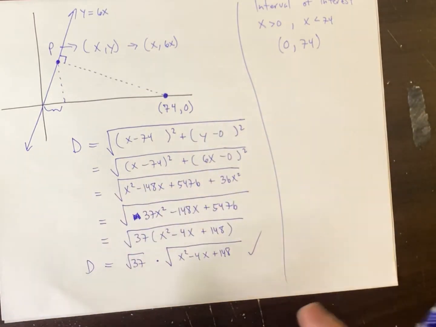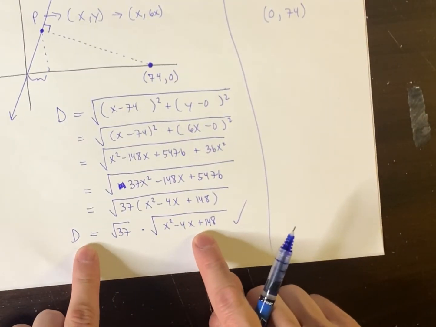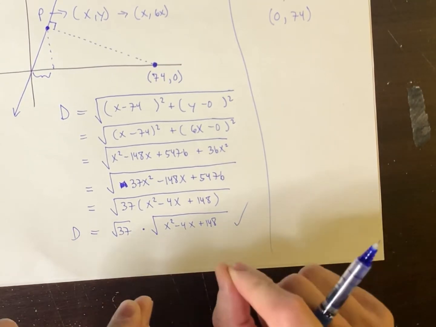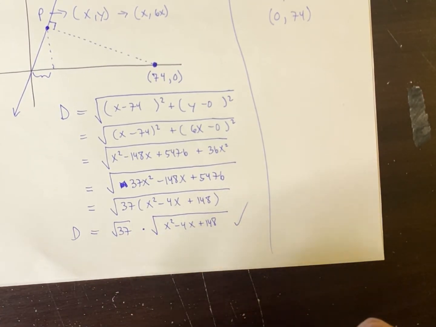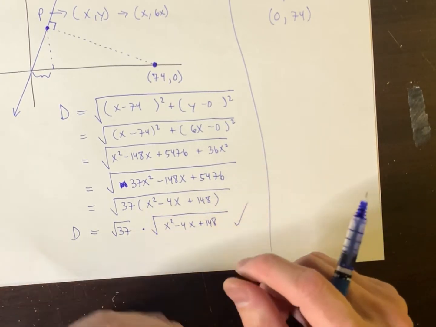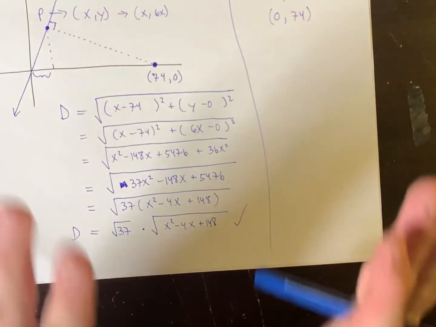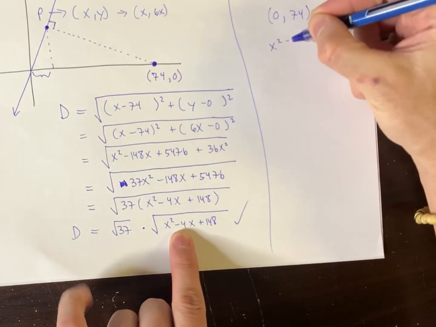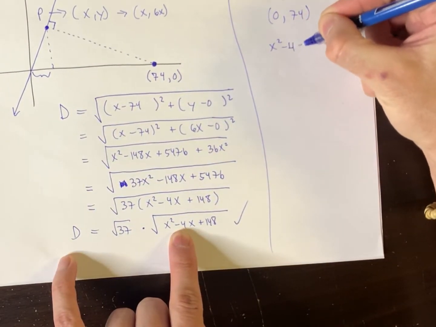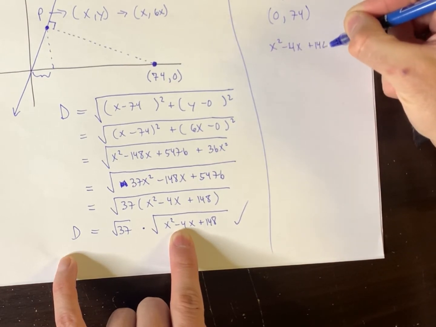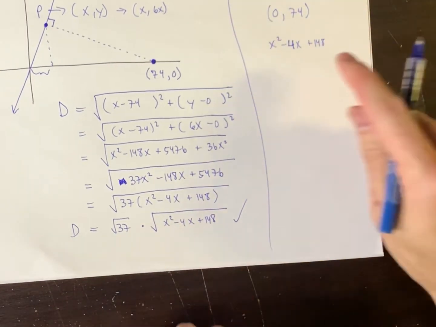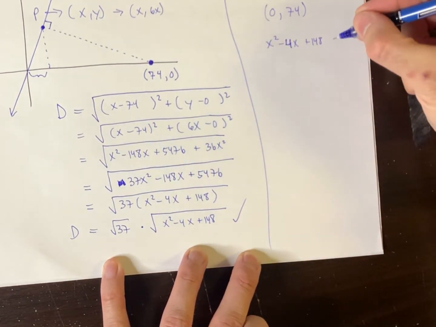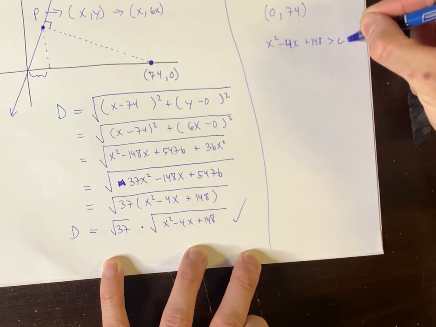To make that decision, look at your objective function. Here we have a square root with x's. That's dangerous because you might accidentally be square rooting something negative. We're not trying to square root negatives. So what you have to do is take the stuff inside of the square root, which is this here, and ensure that this quantity is greater than 0.